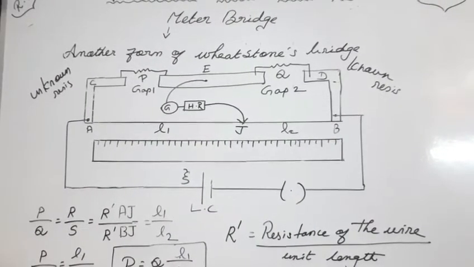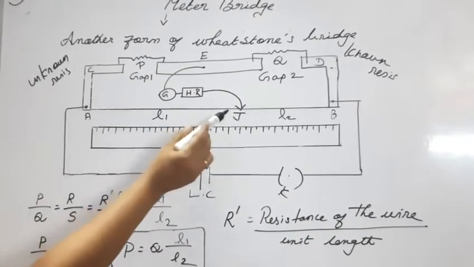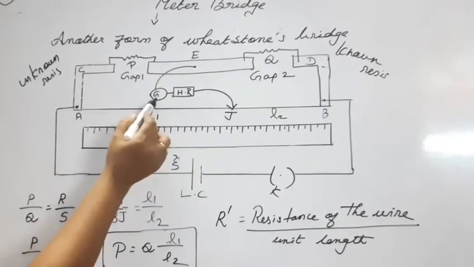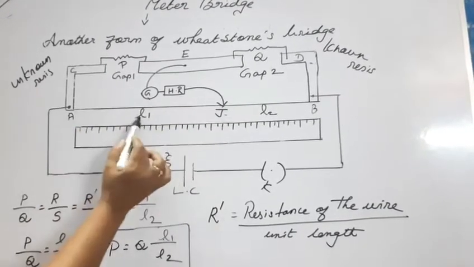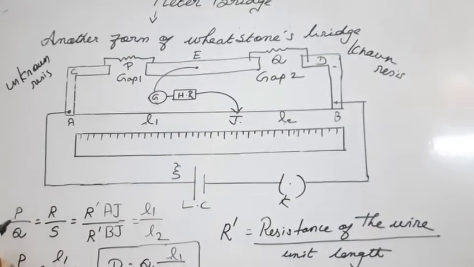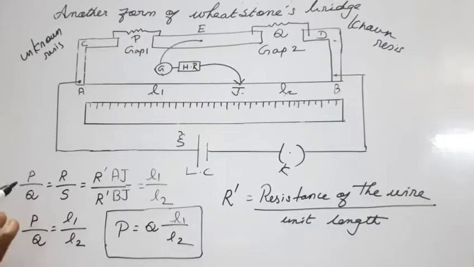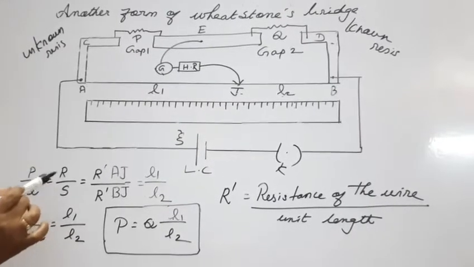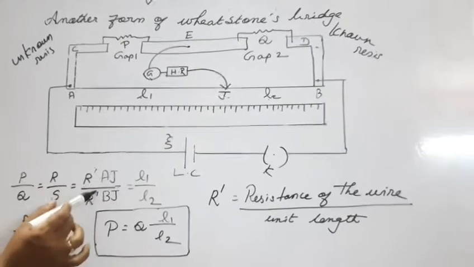And when we move the jockey, the galvanometer deflection is 0. Therefore AJ value is L1 and BJ value is L2. The two lengths L1 and L2 replace the resistances in Wheatstone's bridge. Therefore P by Q equal to R by S equal to R dash AJ by R dash BJ.